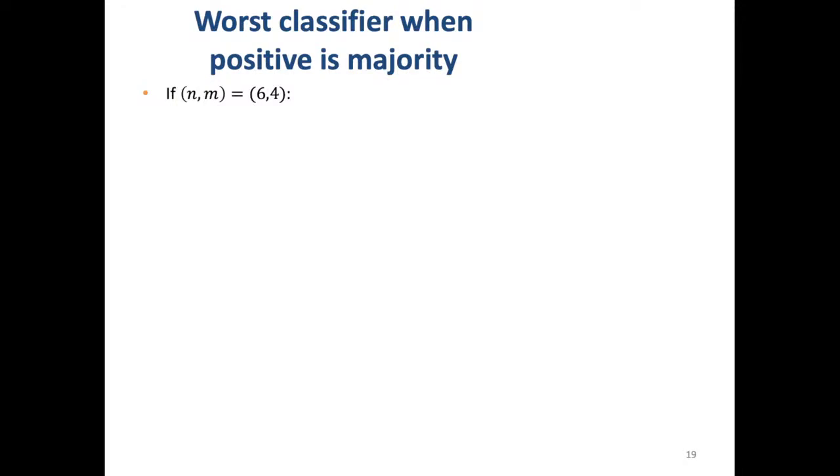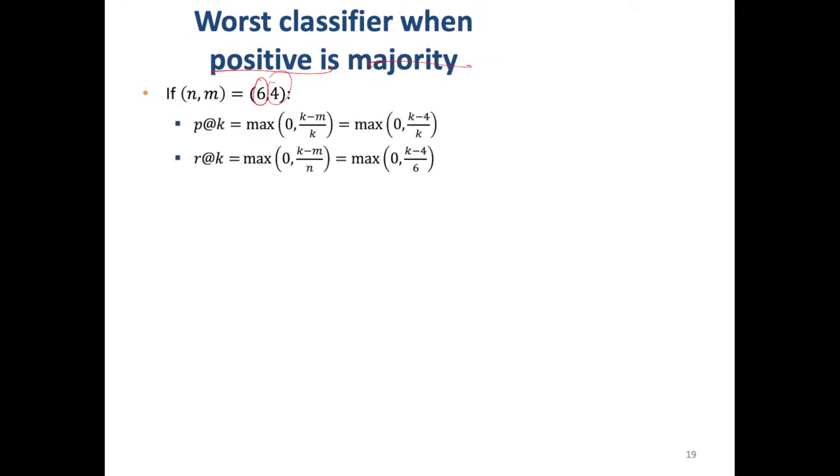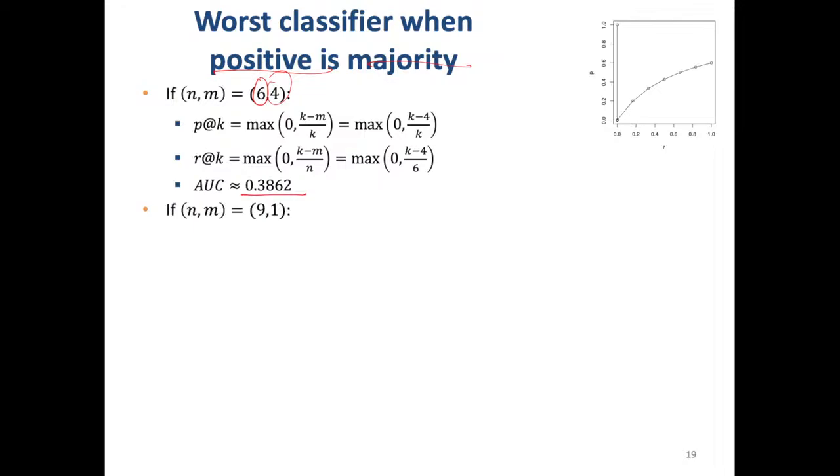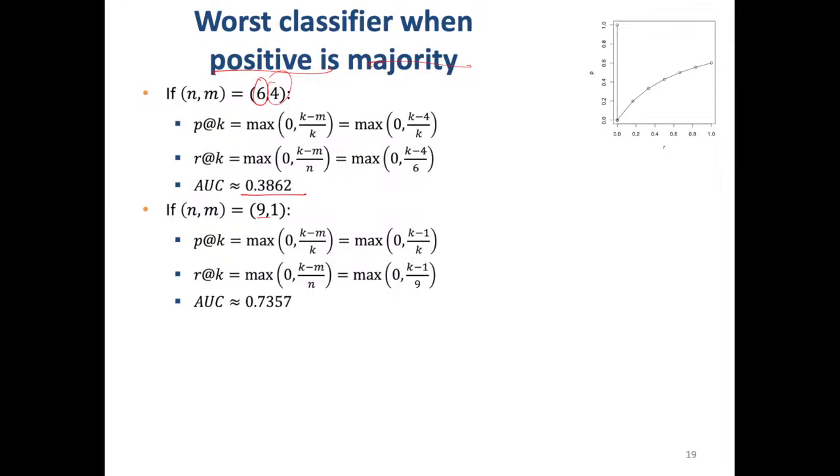Now let's think about when the positive class is the majority. Okay? If we have 6 positives and 4 negatives, this is the area under the PR curve. It looks much larger than the 0.0-something before. If we increase the ratio of the positive instances for a worst classifier, the AUC is 0.73.